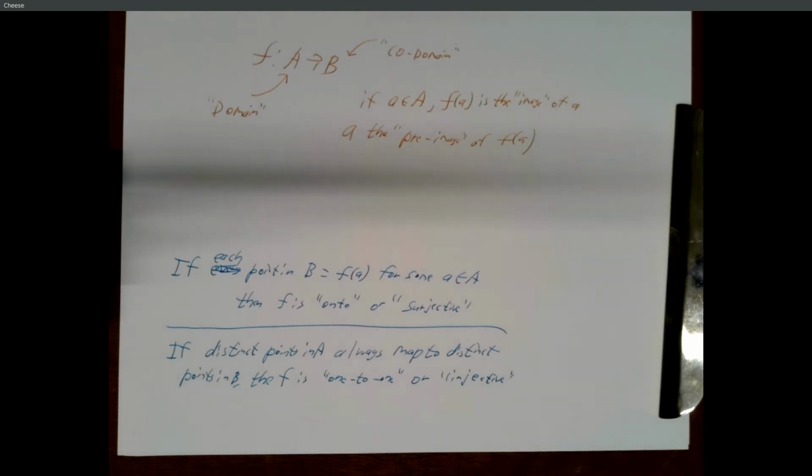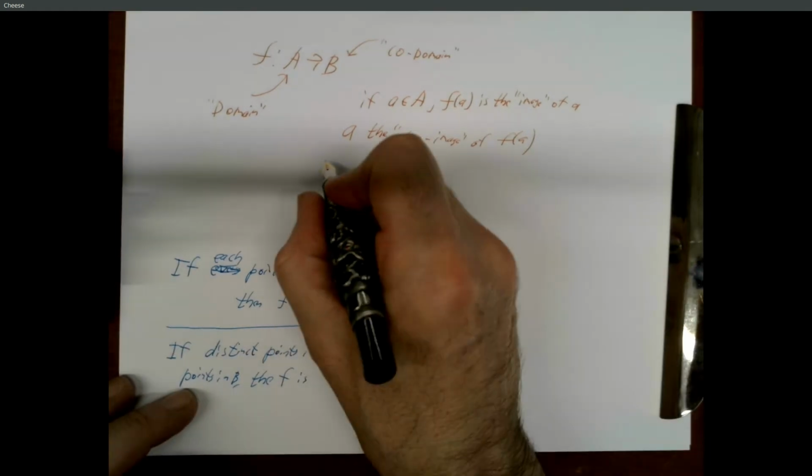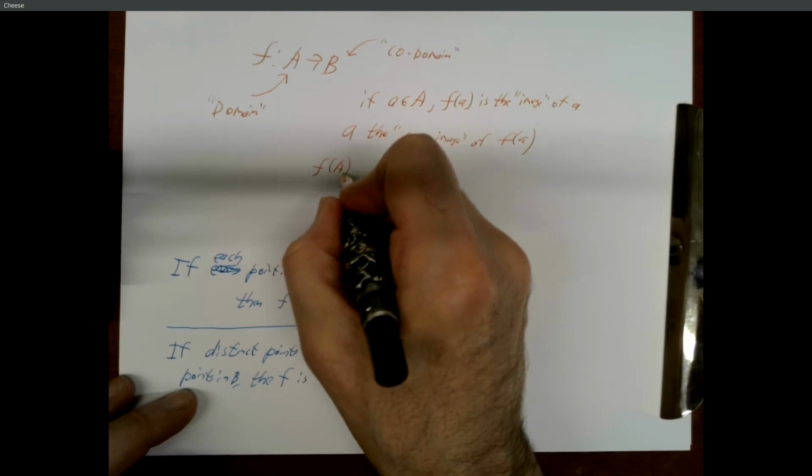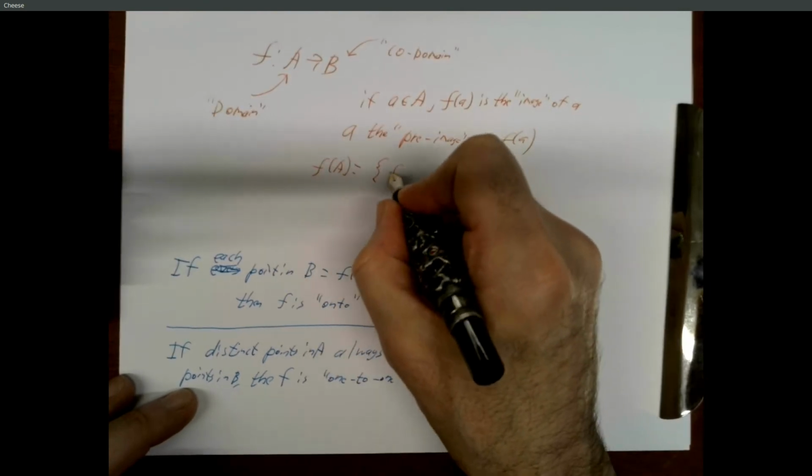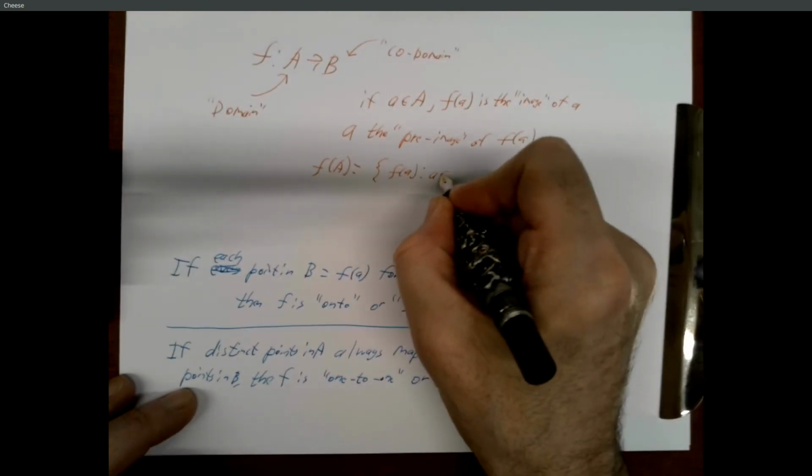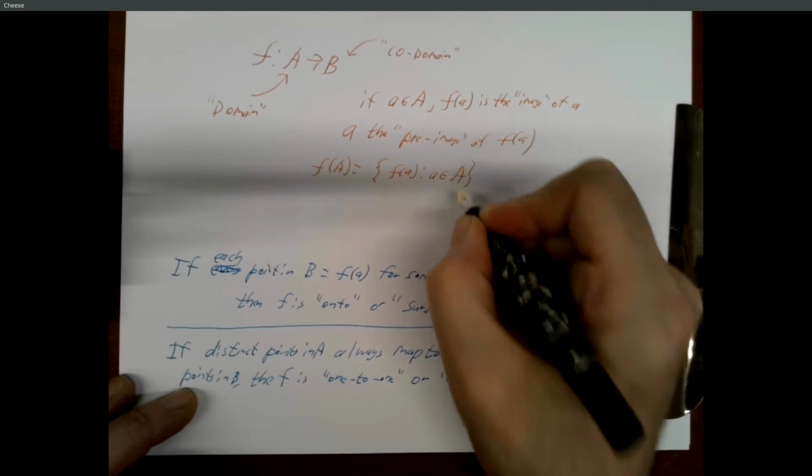So f of a is the image of a, and a is the pre-image of f of a. It's the thing that is going to project or map to f of a. And if we write f of the set A, which is the set of all f of a, where a is an element of A, I should have used a different variable.